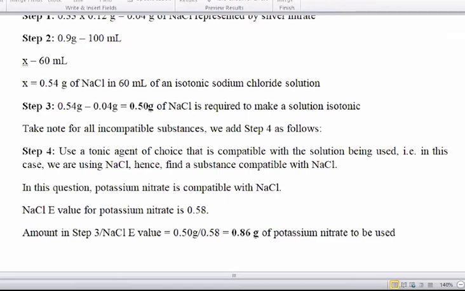How are we going to be able to know that the compounds are incompatible, or we just have to know? Yes, if it's a question, I would definitely have to guide you.